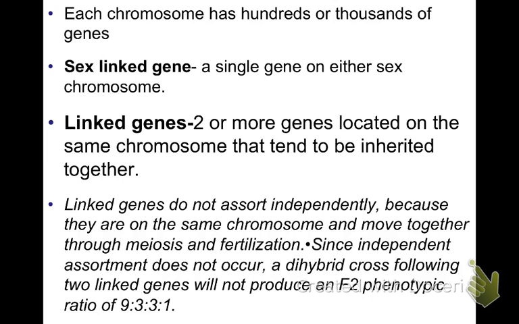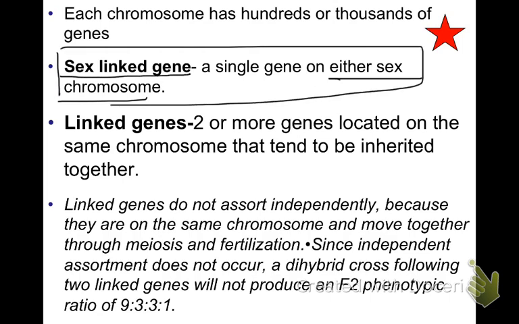Now each chromosome has hundreds and thousands of genes, and a gene present on the sex chromosome is called a sex-linked gene. Now there is another concept we are going to discuss: linked genes.